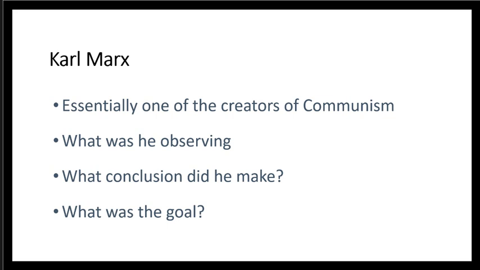So he comes up with this idea that all of mankind, all of history within the world has been a battle between classes. At first it was a battle between the people who were wealthy but didn't have nobility, that would be the bourgeoisie class, and the nobility, and essentially the bourgeoisie would win out.